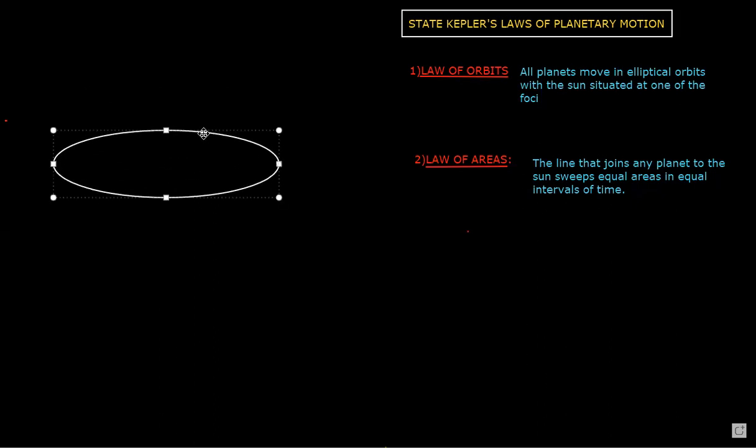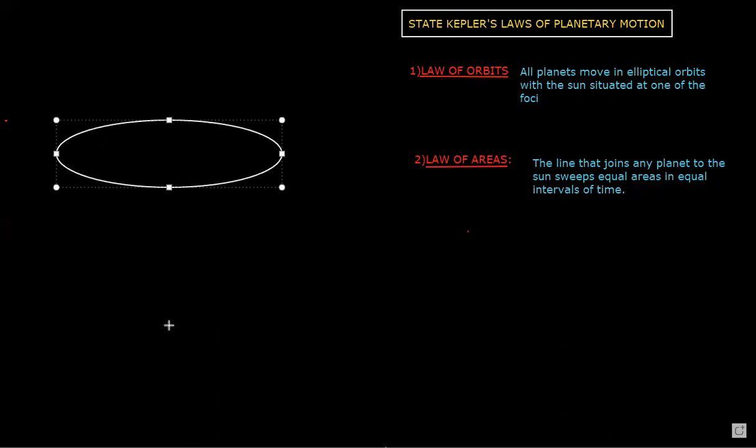As usual, this is an elliptical orbit. Here, I'm assuming that this is sun situated here, and this is the planet. Now, this is the line joining sun and planet. Now, this planet comes here. This is one position. Again, somewhere here also. And these are some lines which I have drawn.